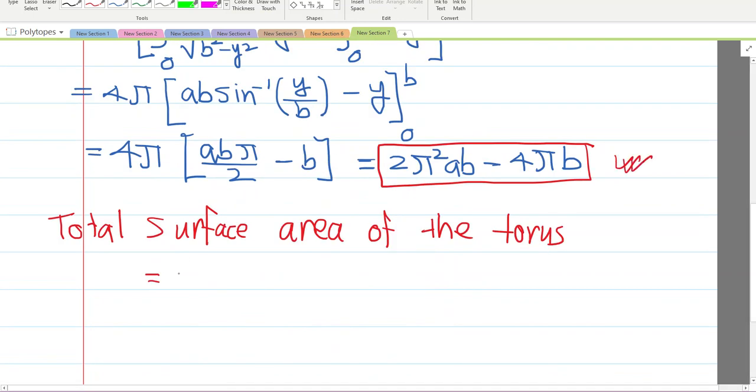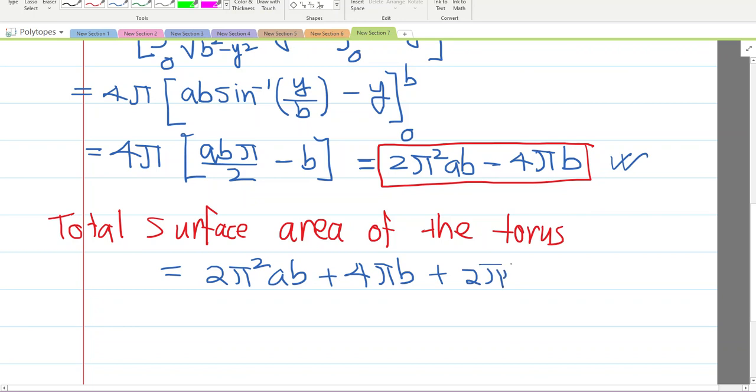Okay, so that is 2 pi square AB plus 4 pi B from the previous computation, and from this one right there 2 pi. So add them up: 2 pi square times A times B minus 4 pi B.